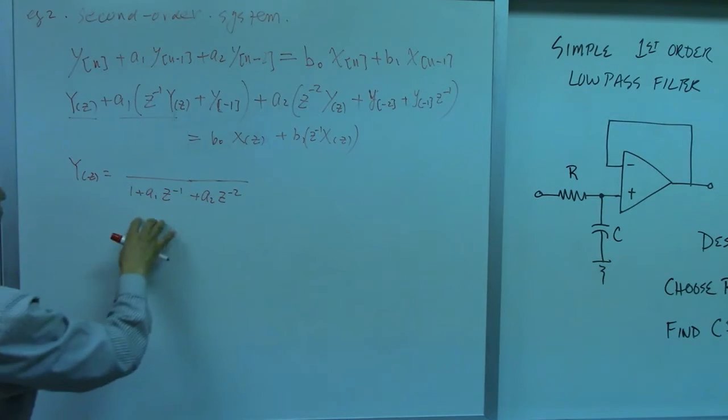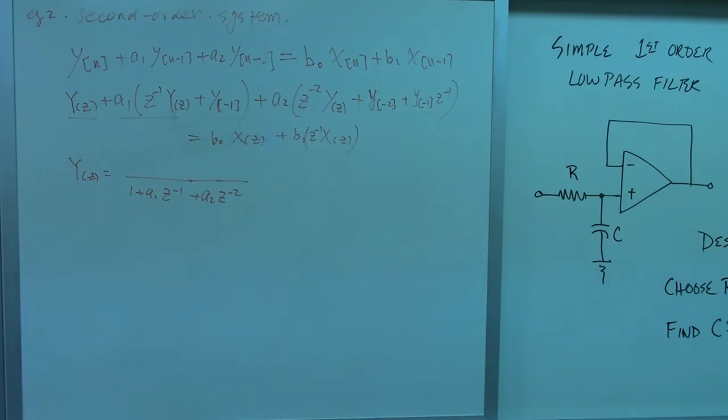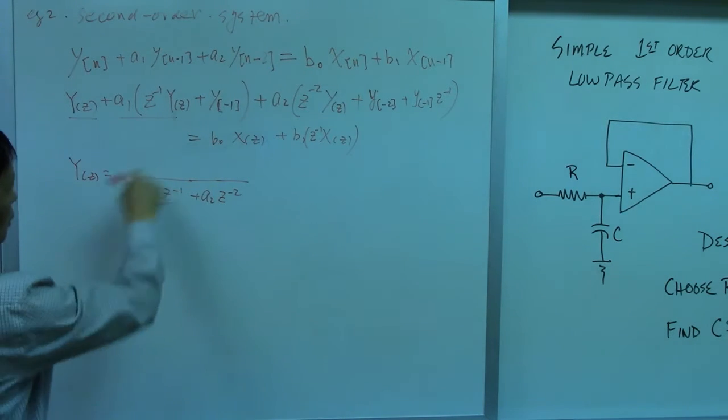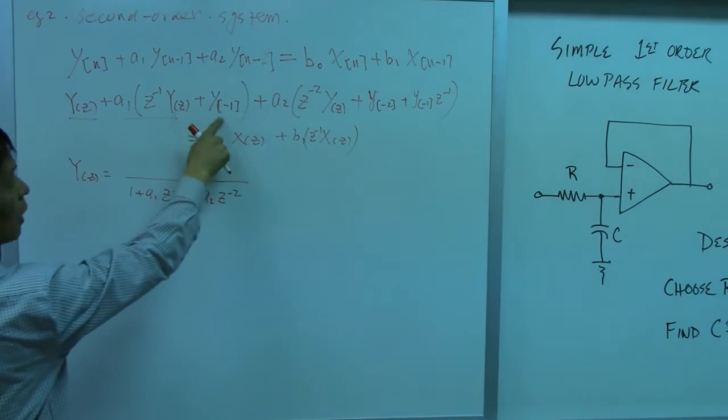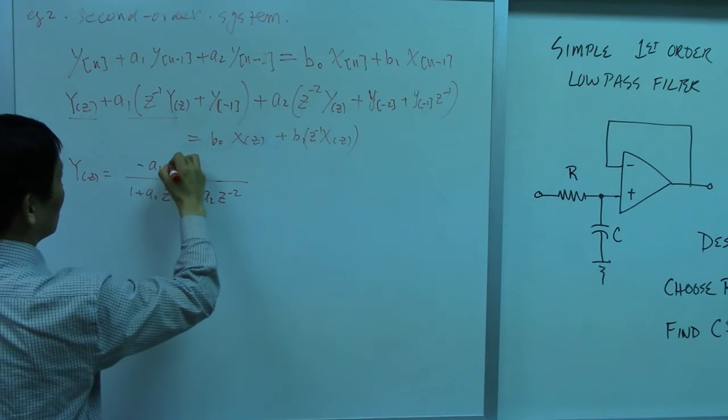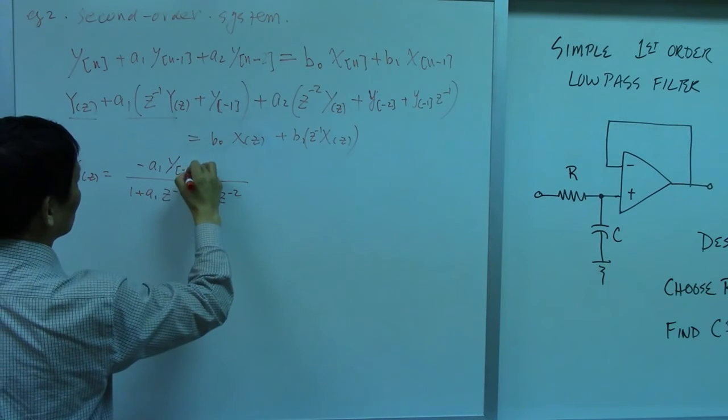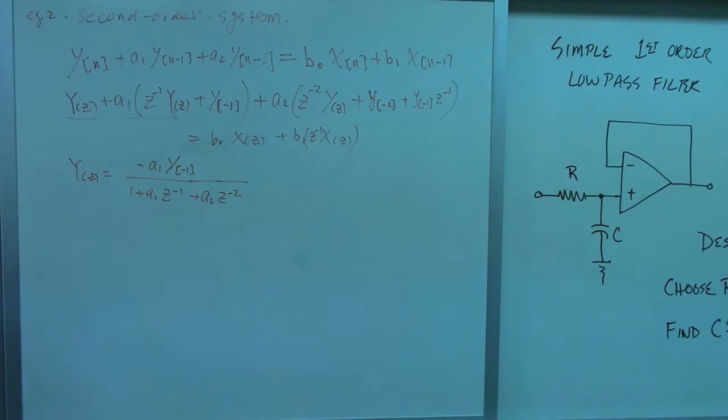And we do the zero input term first. Zero input means we only count the initial conditions. What is on the top? Negative a1 times this, so negative a1 y[-1].